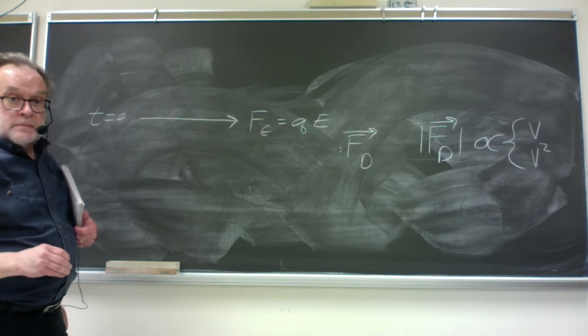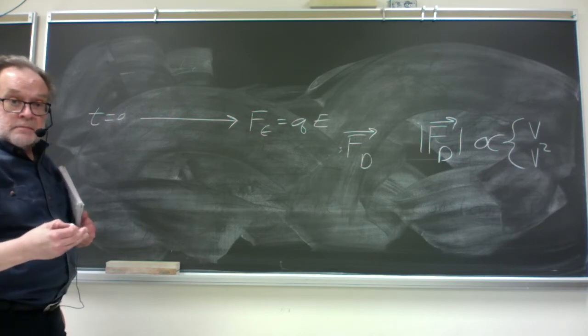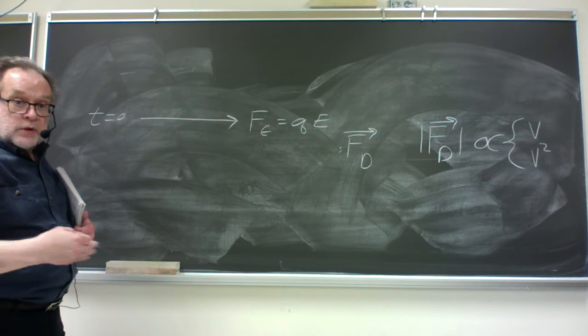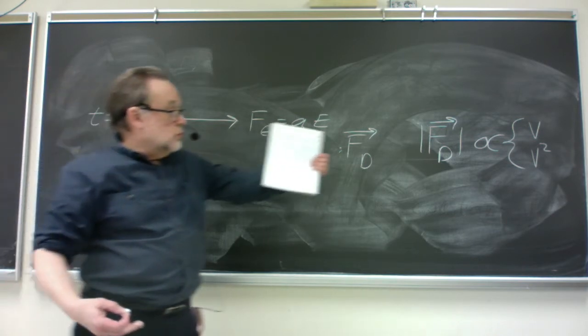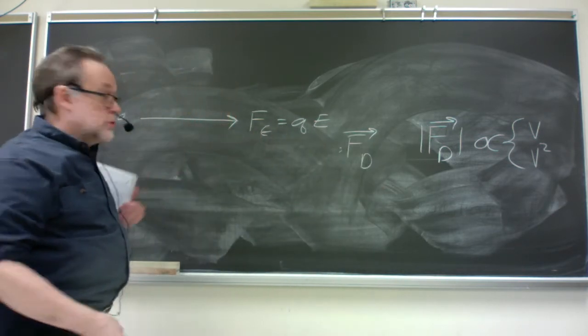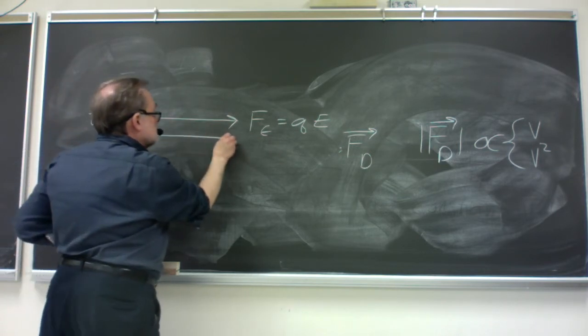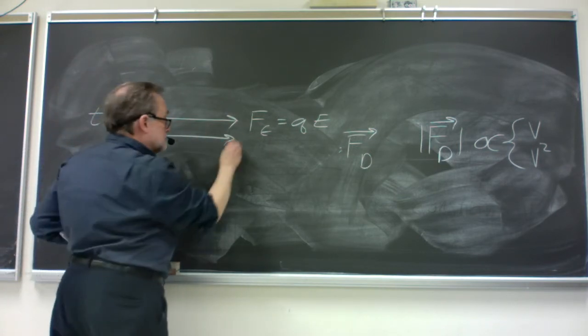And since at this instant they're starting at rest, they don't have any velocity yet, so they don't feel any drag force. That's the only force on them. So that's the net force.